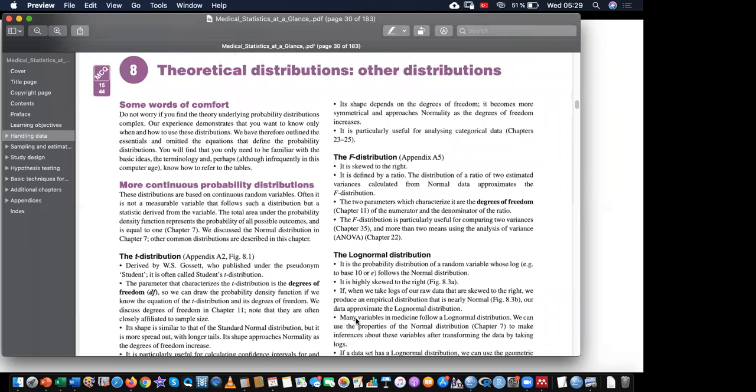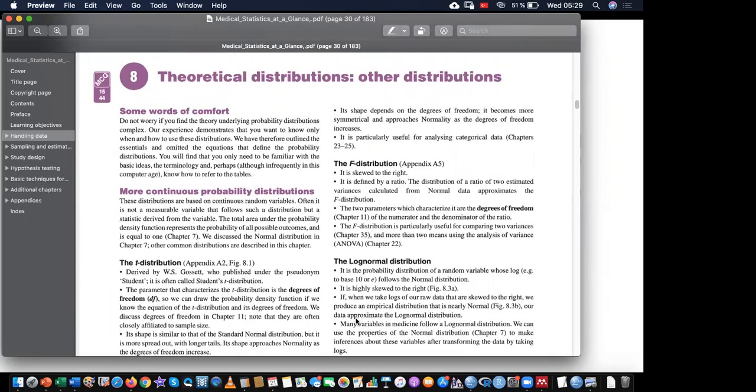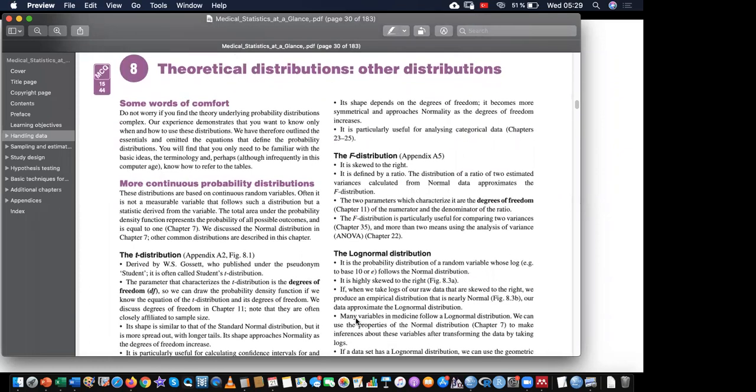But there are maybe hundreds of theory distributions invented by other researchers, by other scientists. Among those, a few are not as important as the normal distribution, maybe, but they are very commonly used in medical practice.